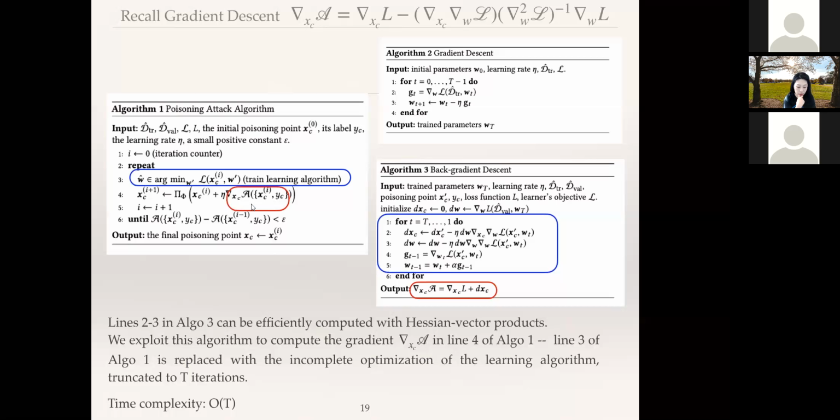As I said on the slide, lines 2 to 3 in algorithm 3 can be efficiently computed with a Hessian vector product, as discussed before.